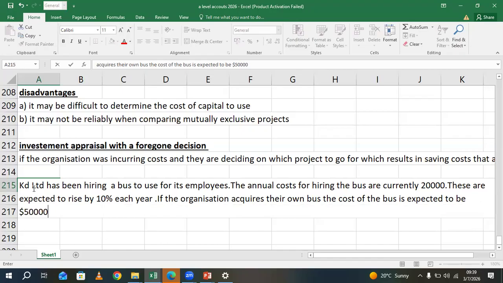Half is payable now, and the balance after a year.